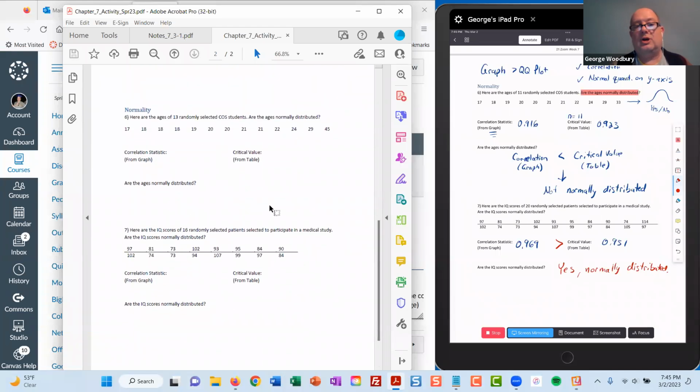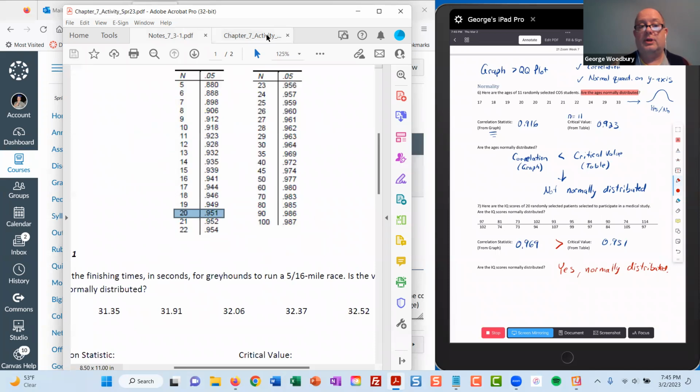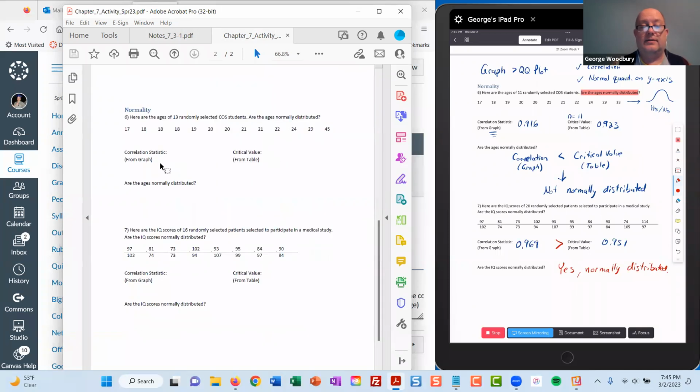These are pretty similar. The data have been changed. There are more values, less values, but it's the same idea. You're going to get the number from the graph. You're going to go to that table that I just showed you and get the critical value. And then if the number from the graph is above the number from the table, they are normally distributed. If the number from the graph is lower than the number from the table, they're not.